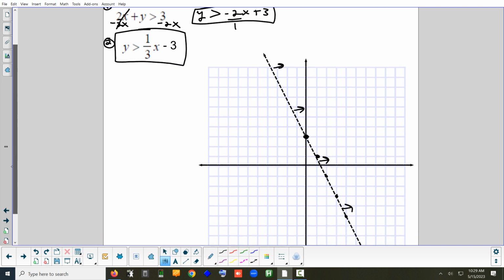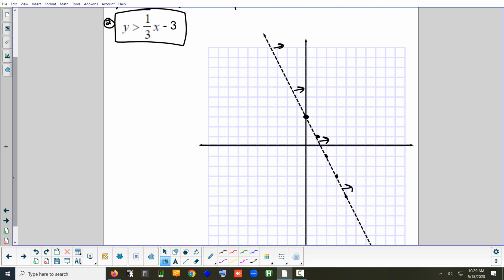Anaya, what's my y-intercept there? Negative 3. Yeah, so put a dot at negative 3. And the slope is already a fraction this time. So how am I going to get from that dot to another dot? Which way are we going to go?